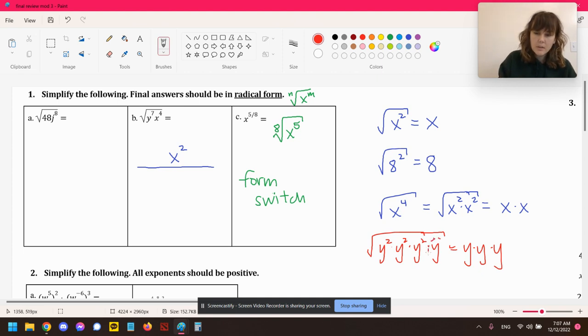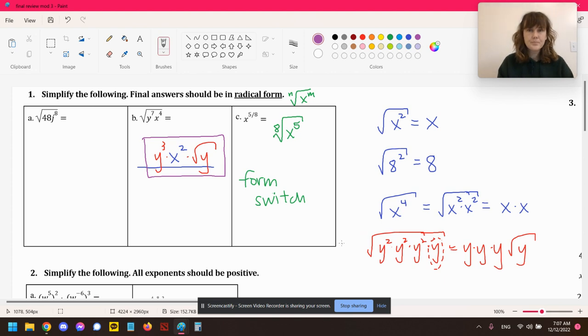And this one doesn't get simplified at all. Right, so we'll write that there's 3 y's that come out of the square root and 1 y that hangs back. This is our final answer. So when we're simplifying variables, we're just saying how many pairs are there, that's the number that goes up front. How many leftovers are there, that's the number that goes in back.